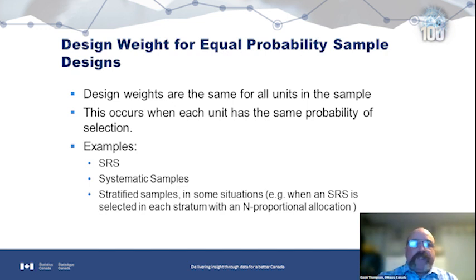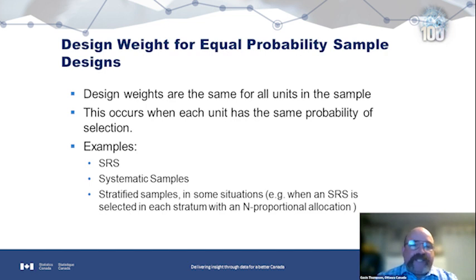Imagine there are 46 of us in this presentation and I want to draw one person's name, or 10 people's names. Everyone would have an equal chance of being selected if I did it by simple random sampling, so everyone would have exactly the same design weight. We could do all of our analysis and then just multiply it by whatever that weight is. So an equal probability sample design gives everyone the same weight, which makes estimation very easy.